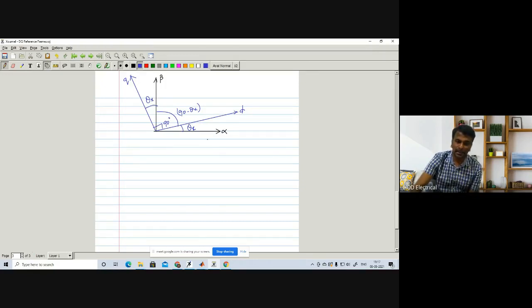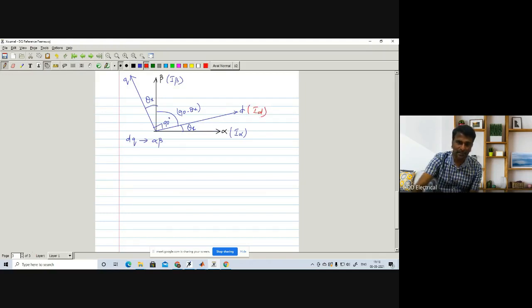Let me explain how we can do this. I will explain two ways. Now we are transferring DQ variables to alpha beta variables, right? So for example, this is the current which is flowing through alpha, I alpha, and the current which is flowing through beta is I beta. Then you can take another color.